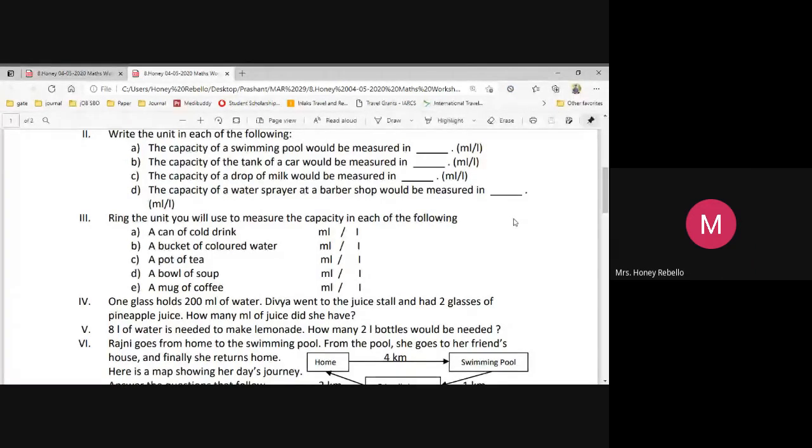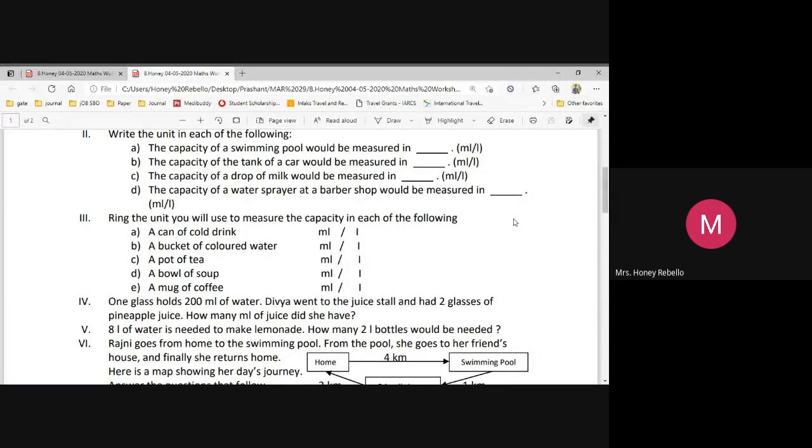Abhisha, a can. When you go to buy Sprite or Mirinda, Coca-Cola, anything, a can means little bigger than the bottle. Or small can, what do you mean? Just imagine it's a small one. She said milliliter. Now listen.